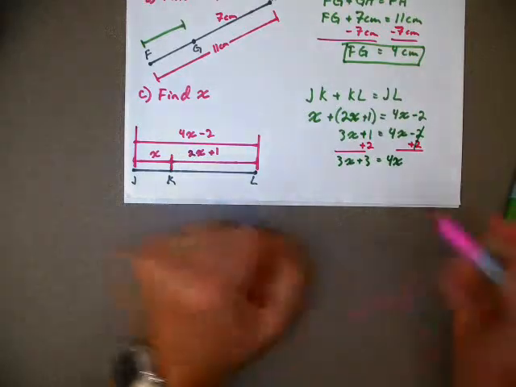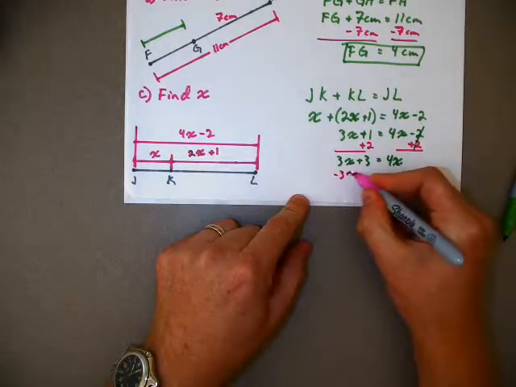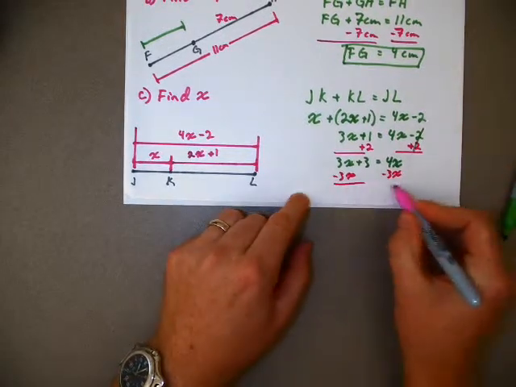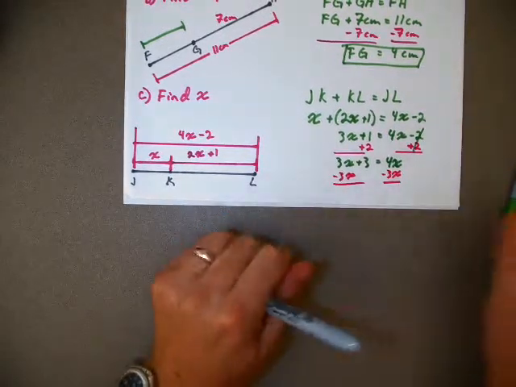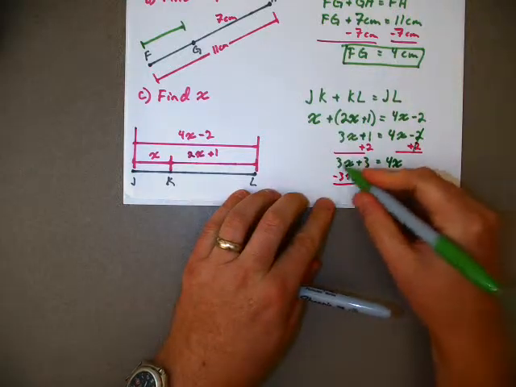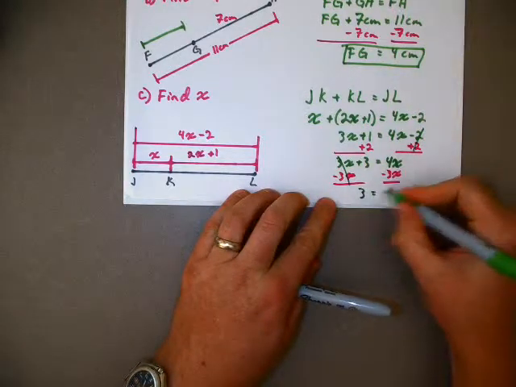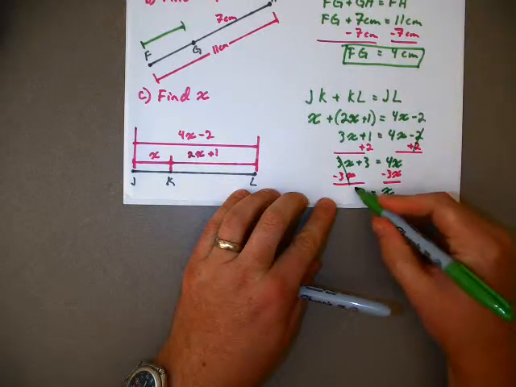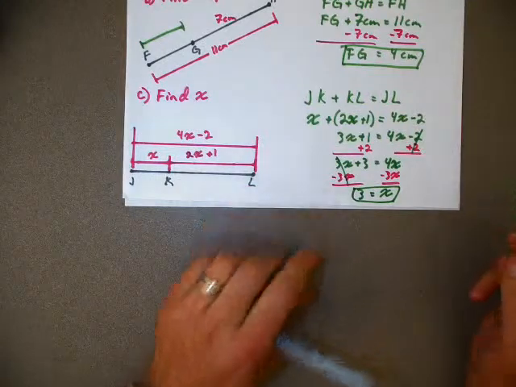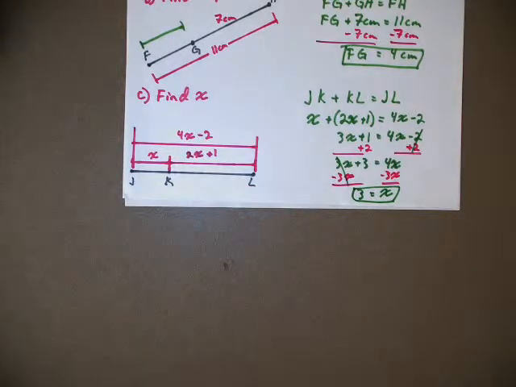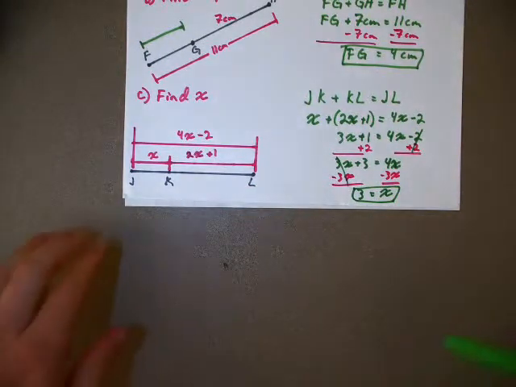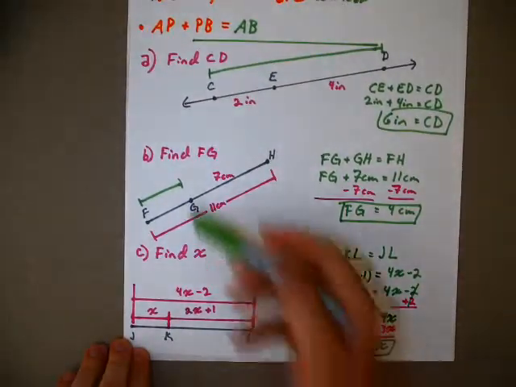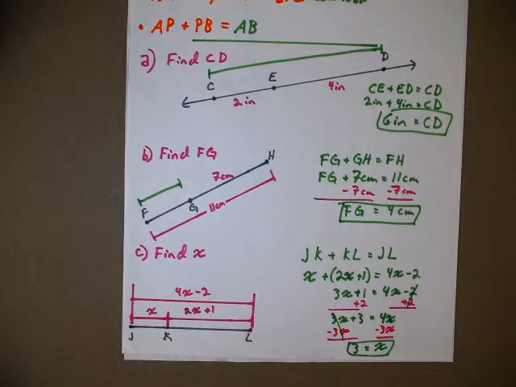And then I will subtract the 3x from that side. These will cancel out, and I'm left with just 3, and 4x minus 3x equals x. And there's my solution.